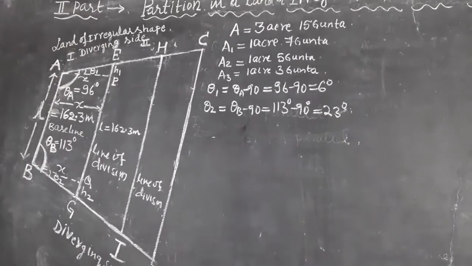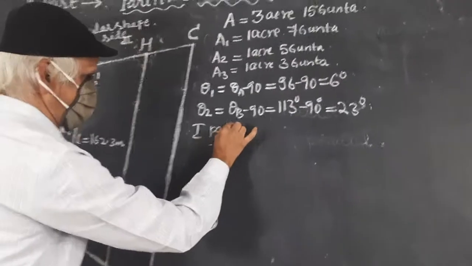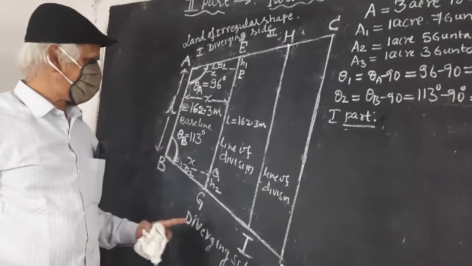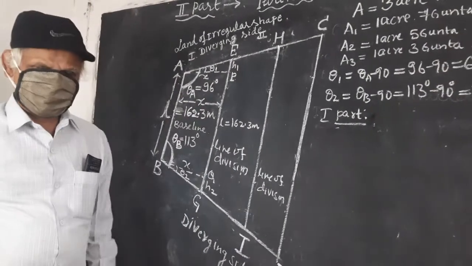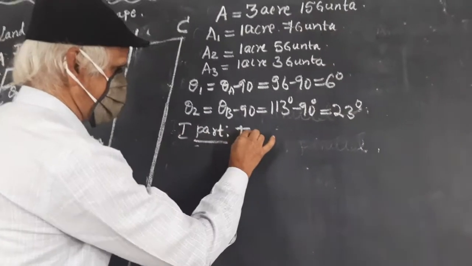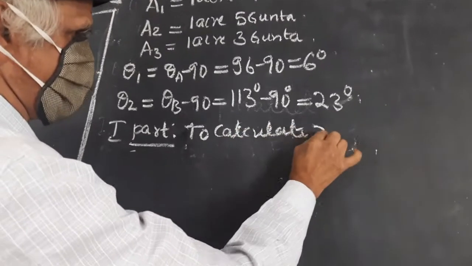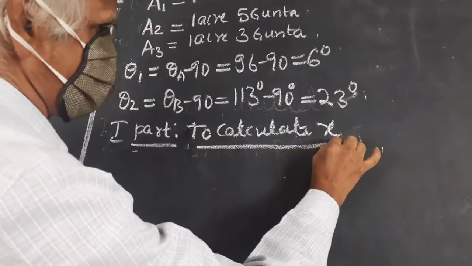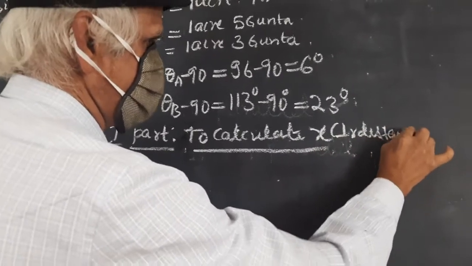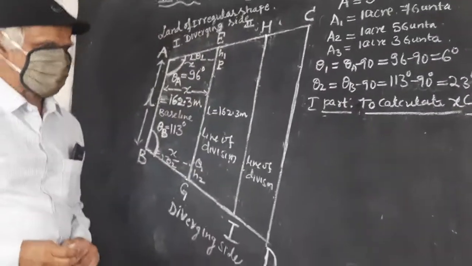Next, let us take it as first part. Now let us find x or calculate x, that is to calculate x, that is perpendicular distance of the first line of division from baseline.